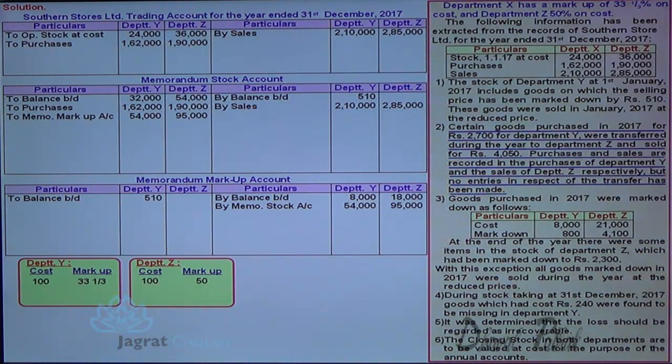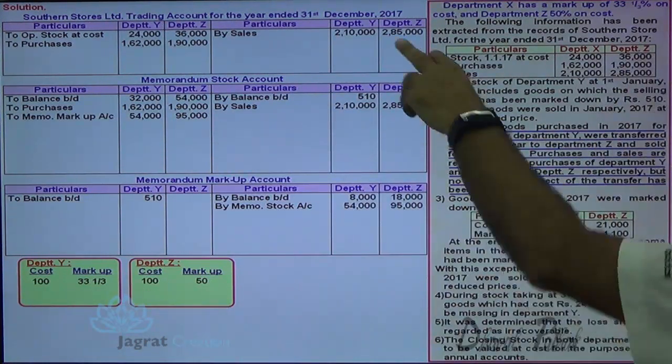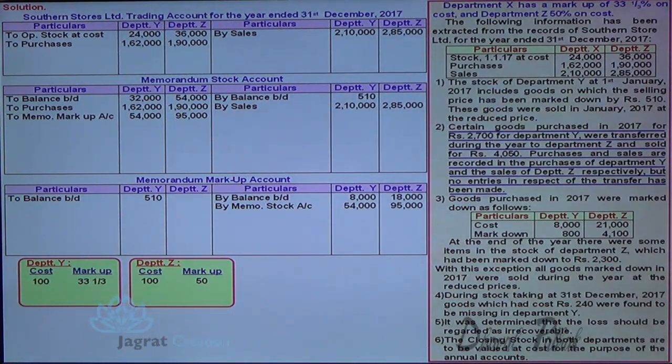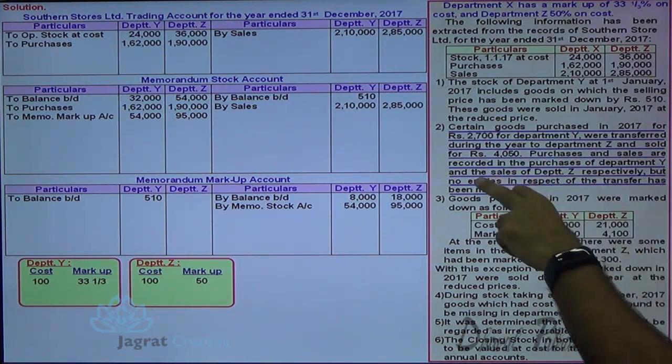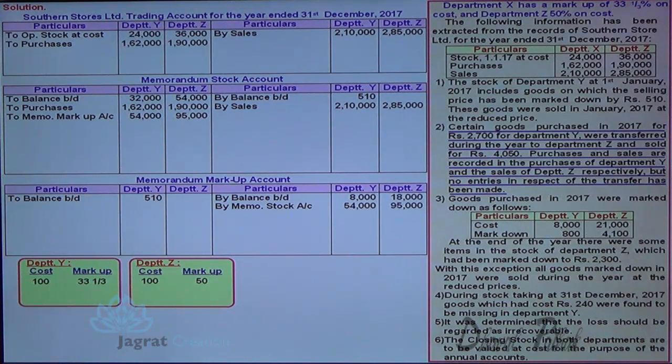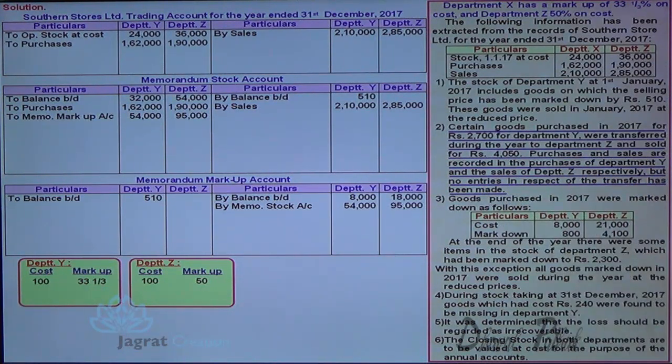Certain goods purchased in 2017 for 2,700 for Department Y were transferred during the year to Department Z, sold for rupees 4,050. Purchases and sales are recorded. So purchase is included in the purchases, sales is included in the sales. Purchase and sales are recorded in the purchases of department Y and the sales of department Z respectively. But no entry in respect of transfer has been made.